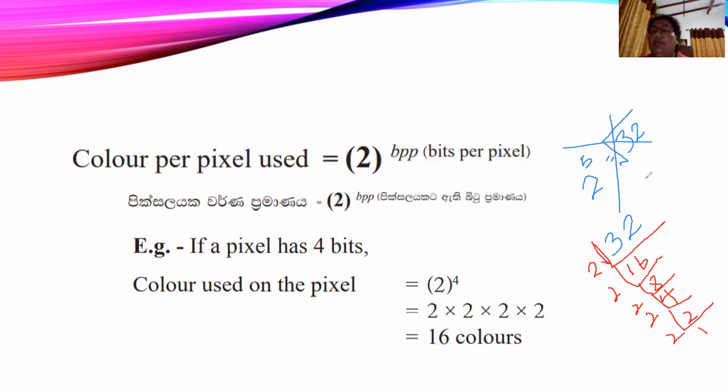If they give you the number of colors, you can do the repeated division by 2, then find the number of 2's, and only then can you find the number of bits in a pixel.